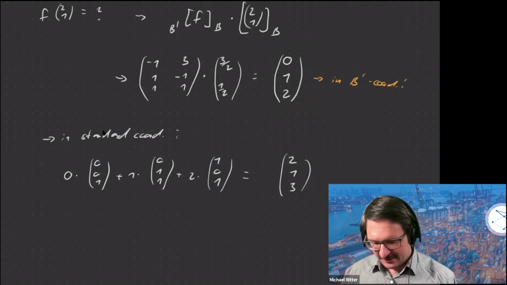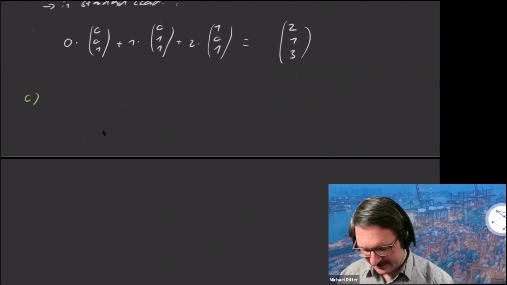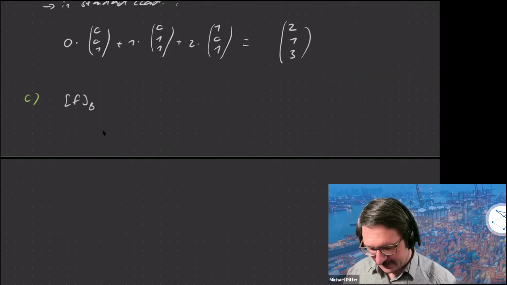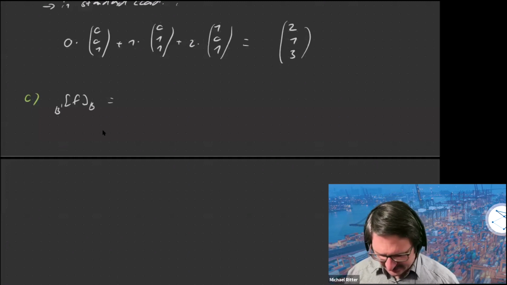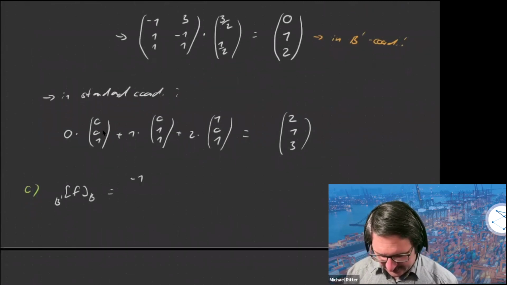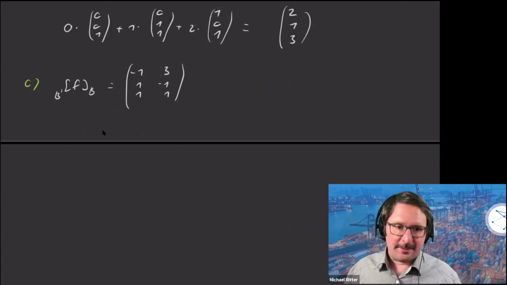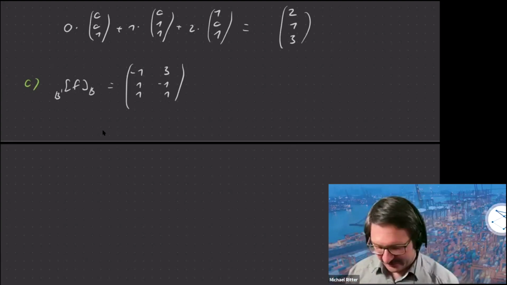Okay, and finally, let's quickly talk about image and basis. That's part C. Remember, we have that matrix here, P_B prime, that was, where did I have that? Here, -1, 1, 1, and 3, -1, 1. So if I want the image of that mapping F, then the image is spanned by the columns of this matrix. So the image is equal to the column space. Again, that would then be represented in B prime coordinates.